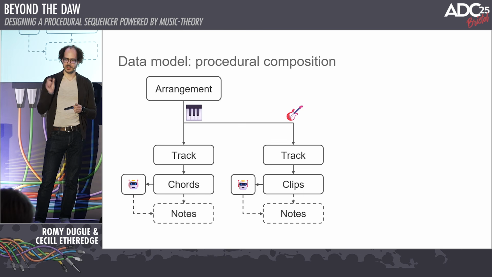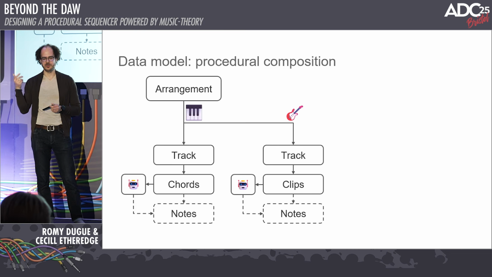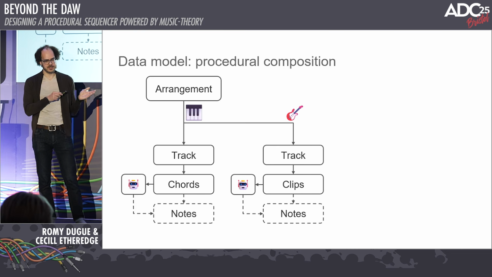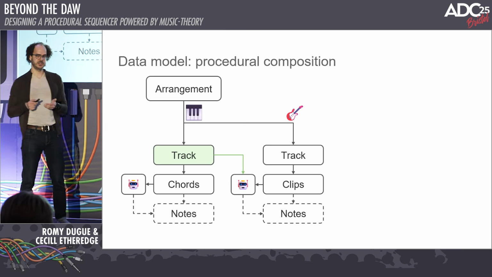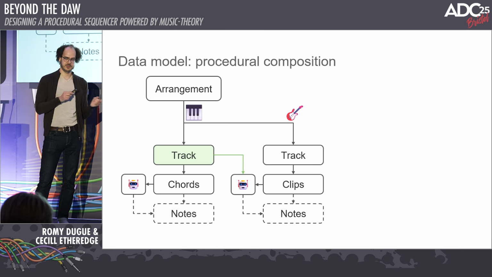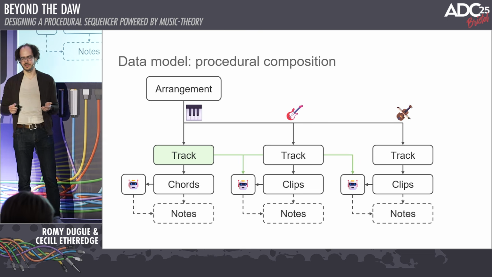And there I would lay out now clips where I want to have notes, where I want the bass synths to play notes. I can now feed that information from my piano track coming from the chords into the clips, into the track of my bass synth, and generate musically relevant notes with this information flow. Could do the same with strings, for instance.